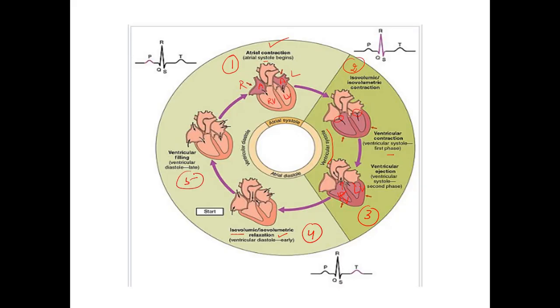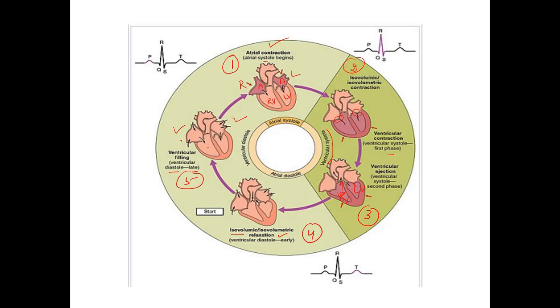In this phase both auricle and ventricles are in relaxation phase, and the fifth phase is ventricular filling or late ventricular diastole. This is the last phase, and again blood enters into both auricles and is ready to enter into both ventricles by the process of auricular contraction or atrial systole.